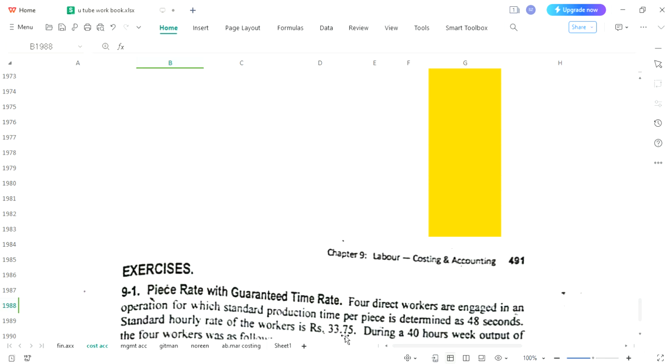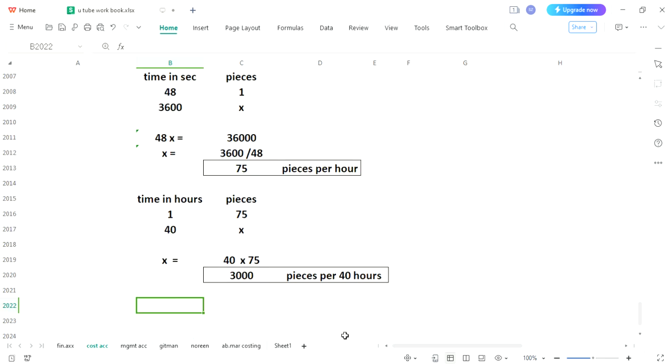The hourly rate is 33.75. So here per hour, rupees somebody is getting, and per hour pieces we also have in our mind.